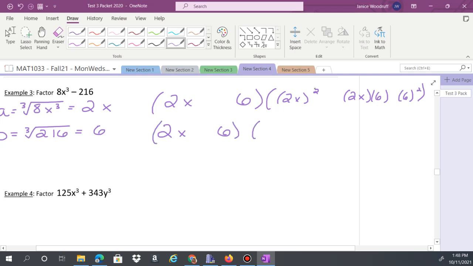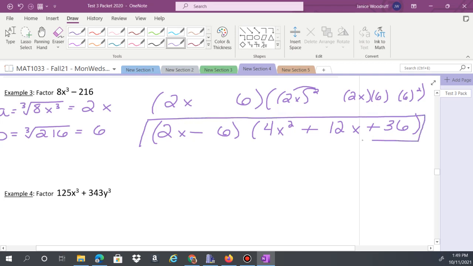Then a squared is 2 squared, x squared. So that is 4x squared. Then 2x times 6 gives me 12x. And then 6 squared gives me 36. And then same sign, opposite sign, always positive. So this would be my factorization. Now, I know you can take a GCF out of that second one, but because this is a special factor, you're not going to.